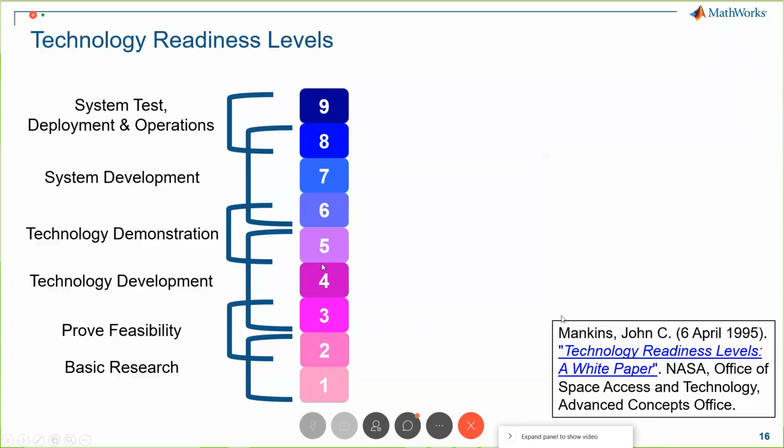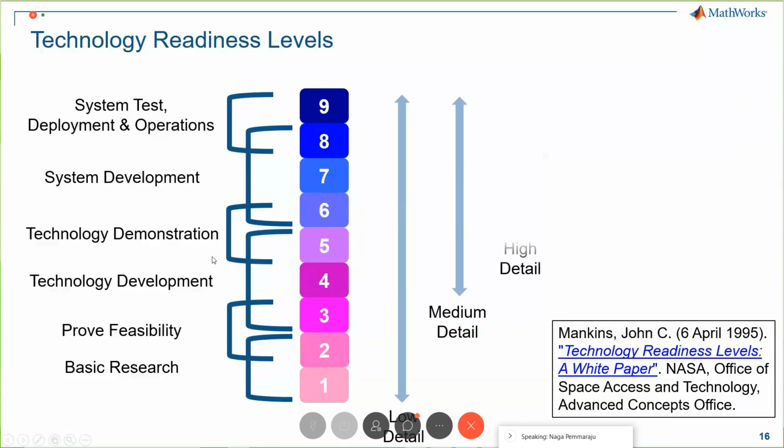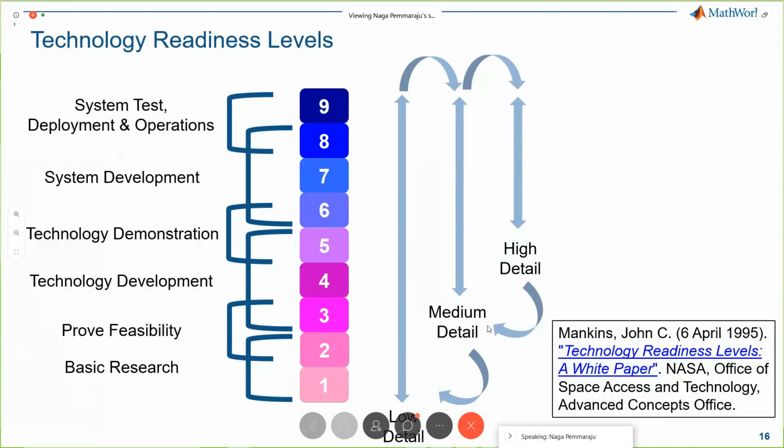And these levels again come from a paper from NASA, which was published in 1995. And if you see these different levels, there are three various types, right? One is a low fidelity or low detail model, a medium detail model, or a very high detail model.